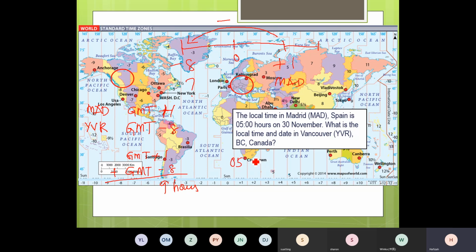So 0500, so minus. Correct or not? How do you minus?